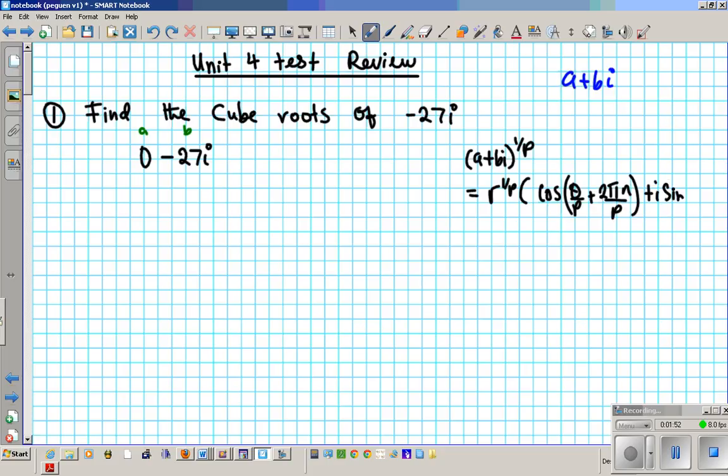So this is the formula I'm going to be using for this problem. In order to use the formula, we need to have this in polar form.